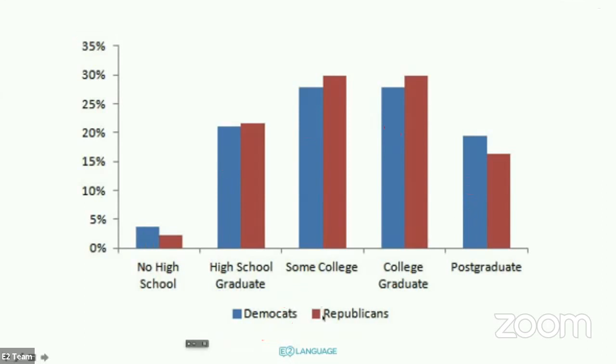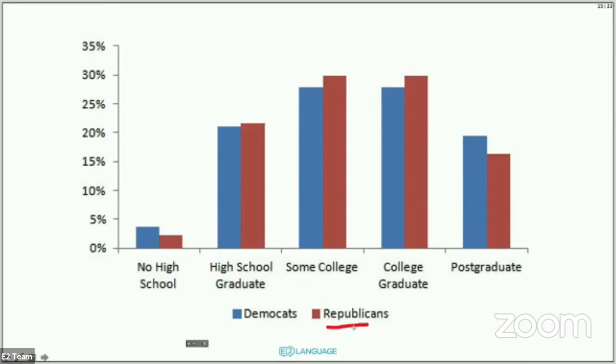Now let's look at Republicans, okay? Because at some stage, we're going to have to compare these two voter groups. So Republicans have about 3 or 2%, maybe 2%? I can't tell exactly because there's no granularity here, but I can guess that about 2% of Republicans have no high school.